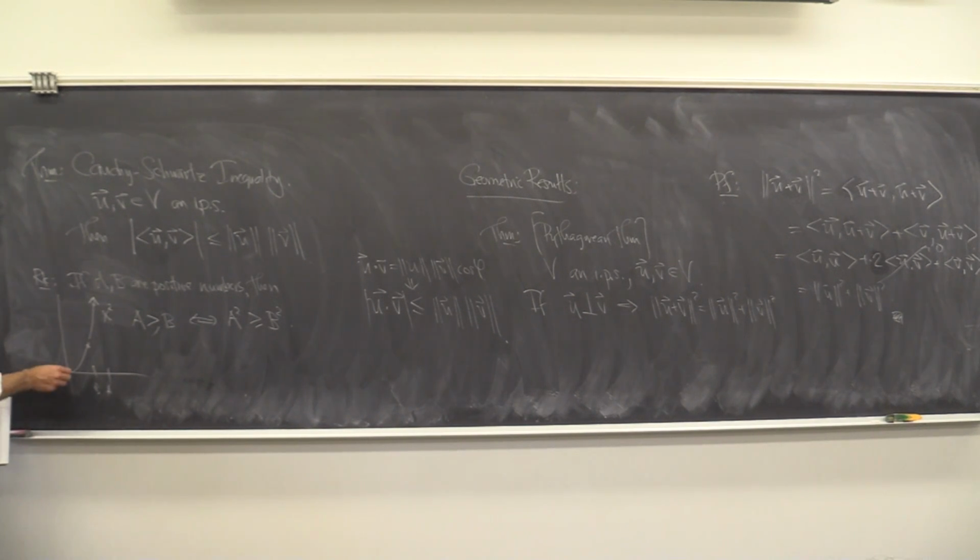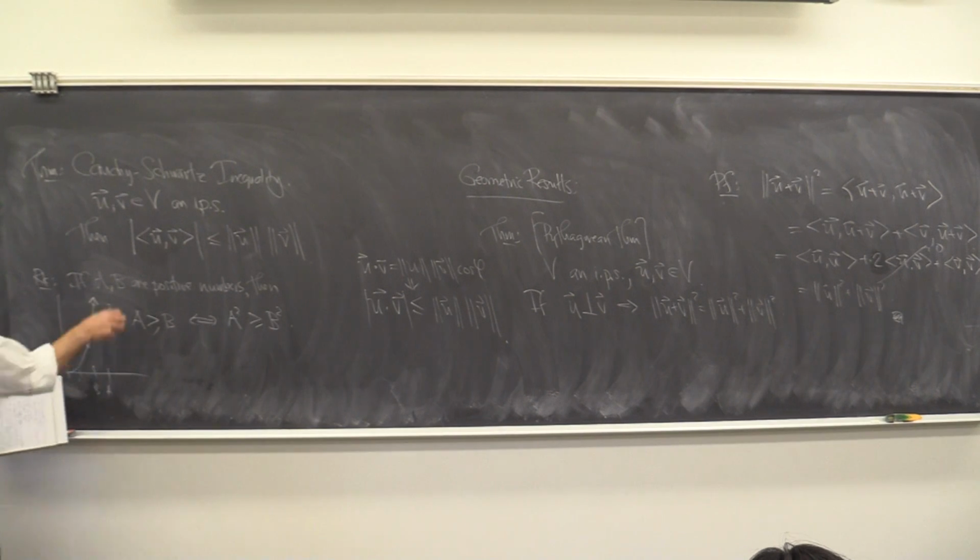It's not true if you're talking about negative numbers, because you can have A over here and B over here, where A squared would be bigger than B squared, but A would be less than B. But for positive numbers, it's true.